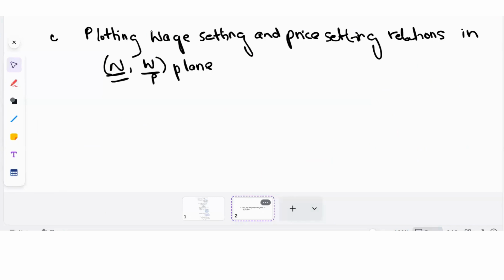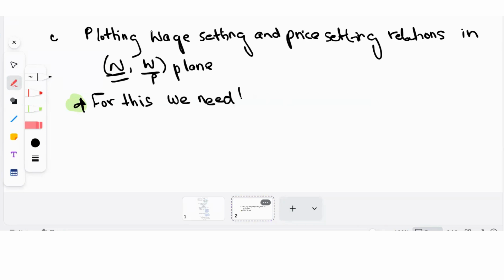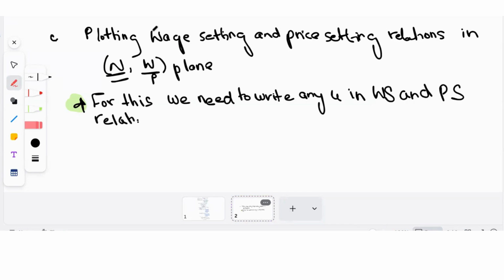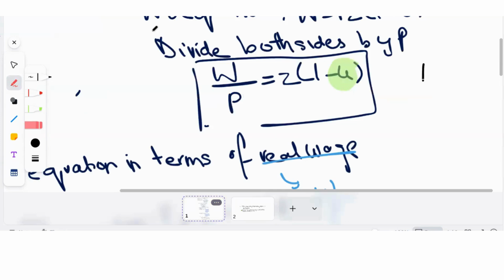For this, we need to write any u in the WS and PS relations in terms of N. So like the u we saw in our WS relation, because initially we were plotting it with W by P on the vertical axis and u on the horizontal axis.